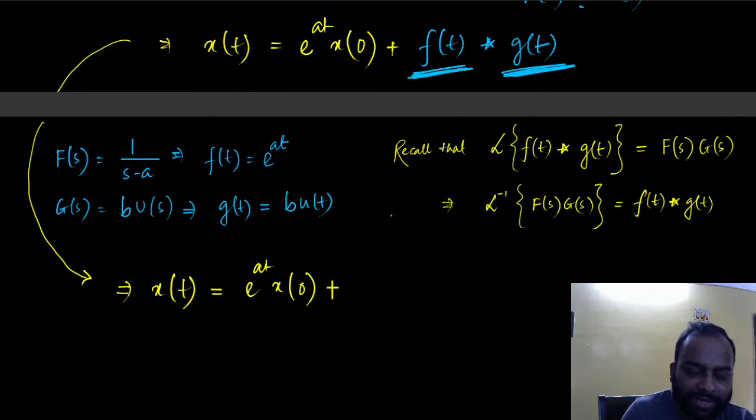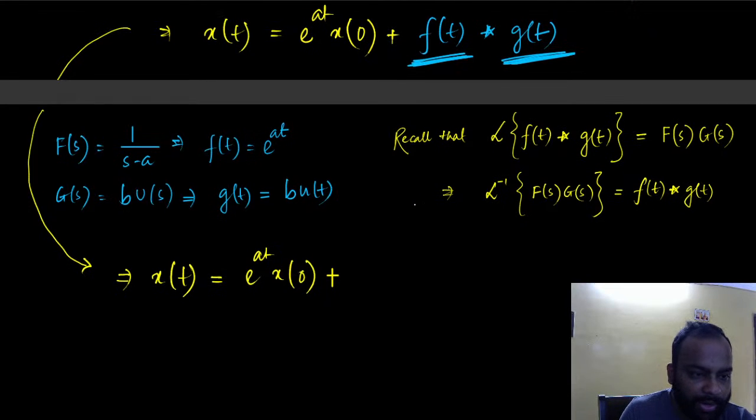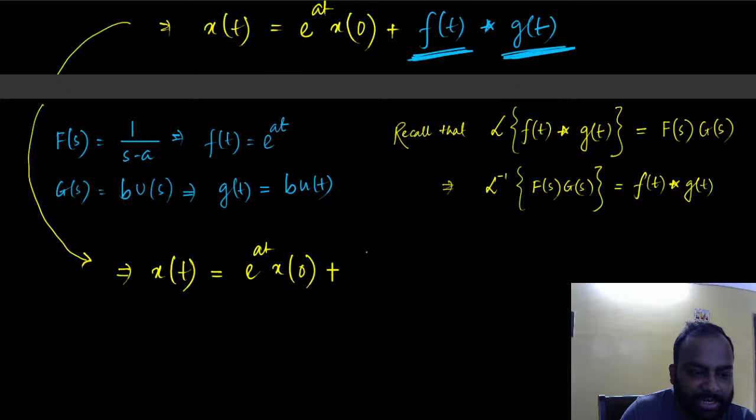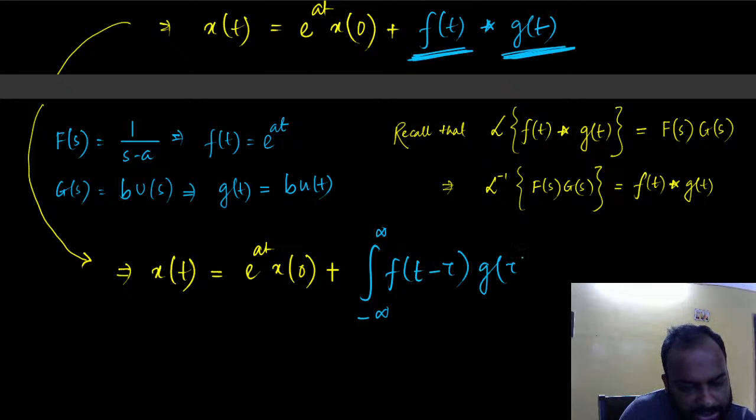So what is the definition of convolution between two causal signals? Here f(t) is a causal function, g(t) is also a causal function, meaning the value of the function would be 0 if t is less than 0. The definition of convolution in general is integration from minus infinity to infinity of f(t minus tau) g(tau) d tau.